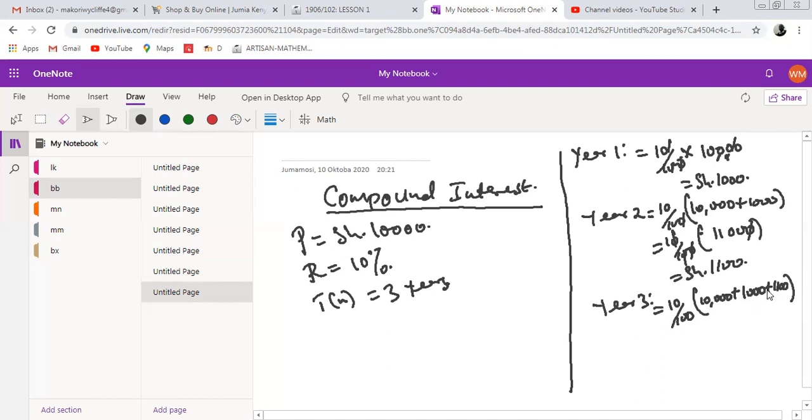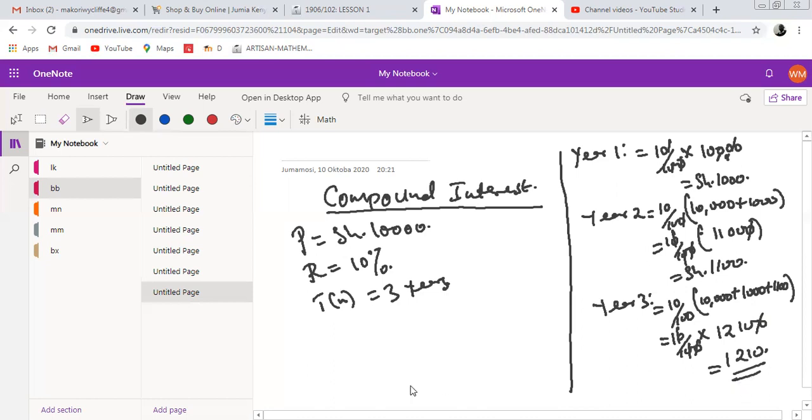So we normally include the interest for the previous years to the principal so that we can calculate the interest for this particular financial year. You will find that it is going to be 10% multiplied by 12,100. So 10% of this amount is 1,210. That is going to be the interest for the third year.